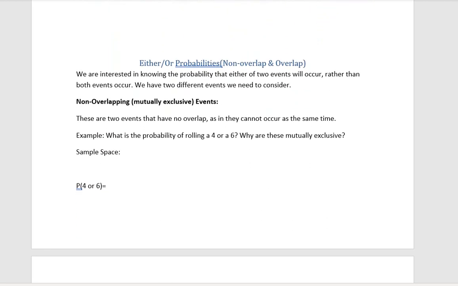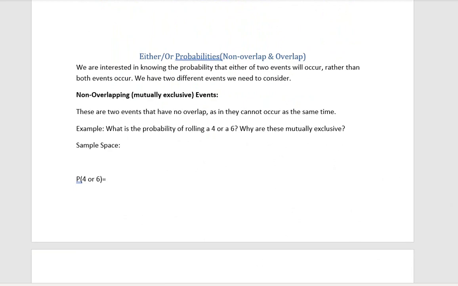Alright, the next one is where we have either-or probability. So when you think of an either-or probability, what that means is that you're happy if you get one or the other. So for example, if I send you guys to the grocery store and I'm like, hey, can you either get me cookies or ice cream? If you bring me cookies, I'm totally happy. If you bring me ice cream, I'm totally happy.